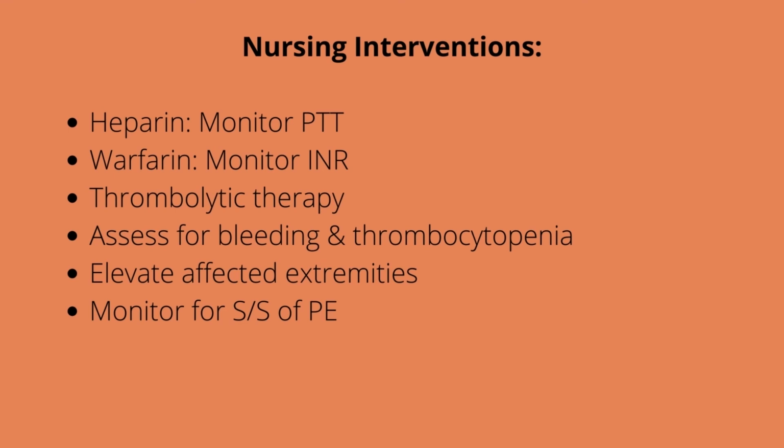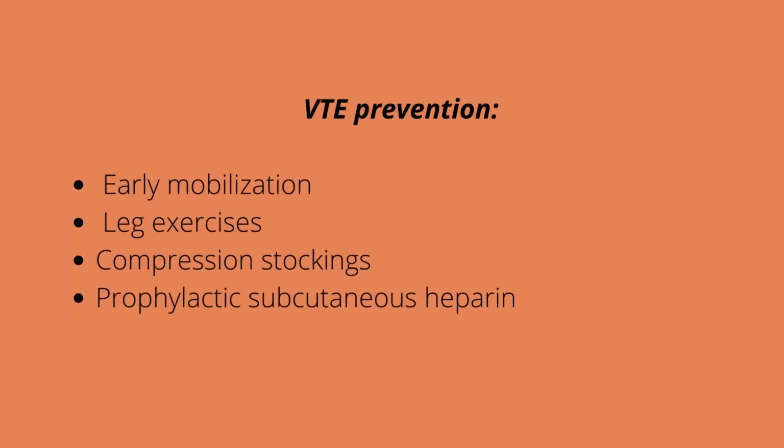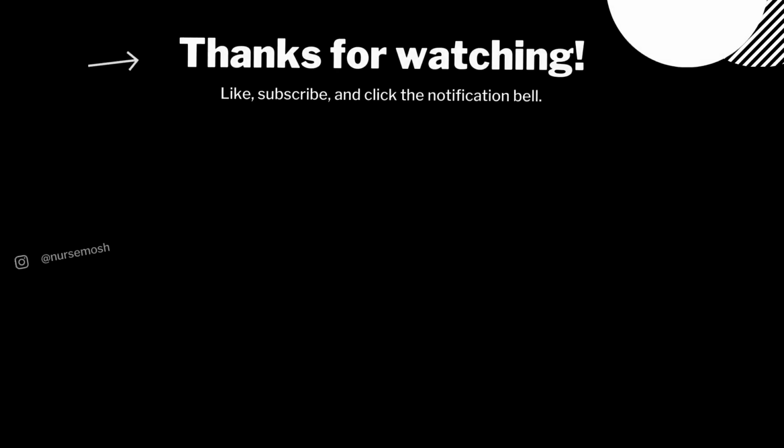What are these? They include dyspnea, chest pain, tachycardia, as well as anxiety. And prevention of VTE includes early mobilization, leg exercise, compression stockings, an intermittent compression device, and prophylactic subcutaneous heparin.